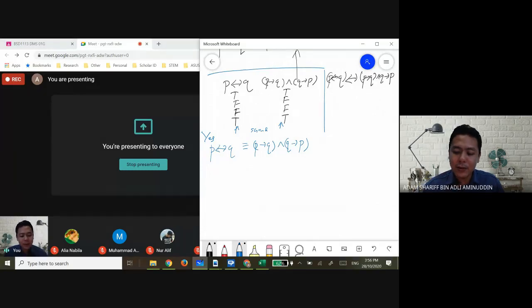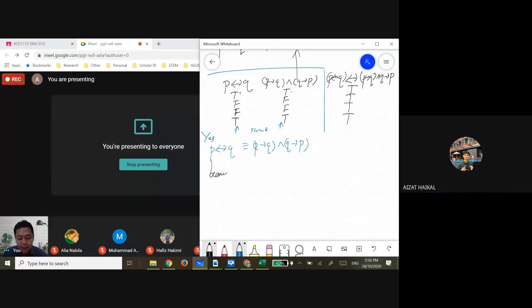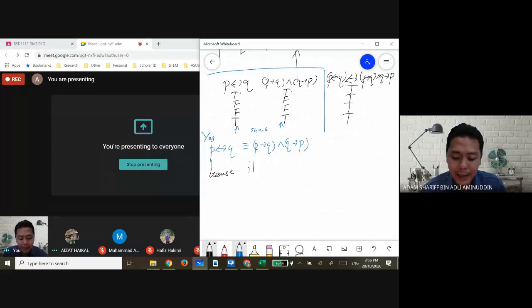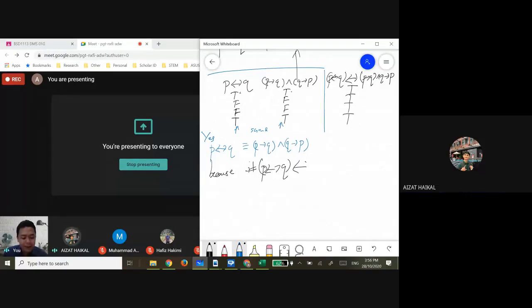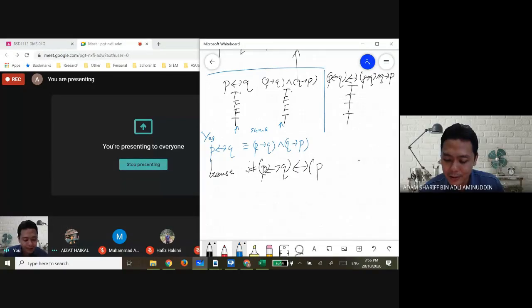Buat lagi satu kolom. T and T biconditional dia ialah T. Yes, it is equivalent because it is T implies Q by conditional is tautology. Thank you. That is the best answer.